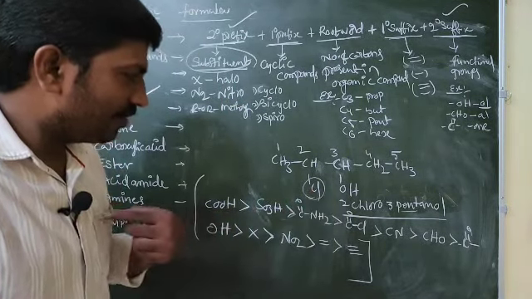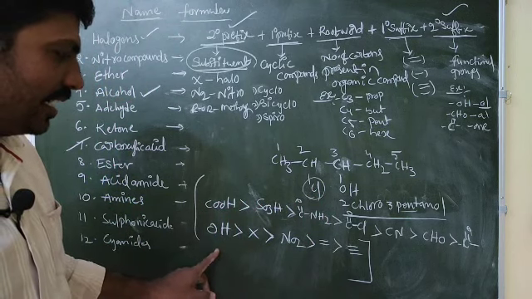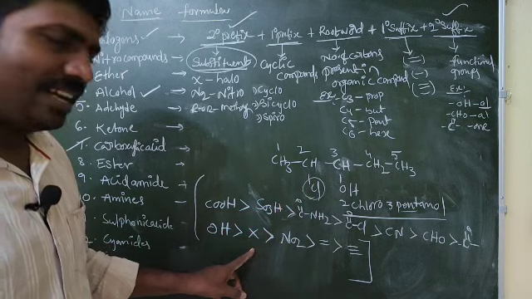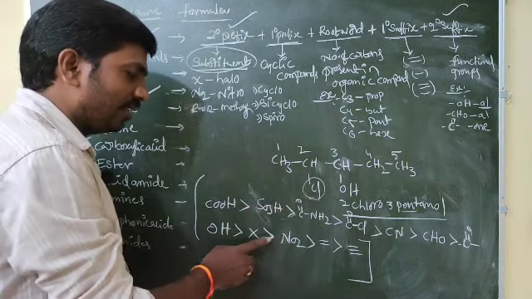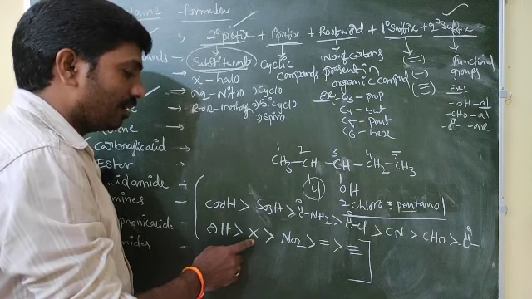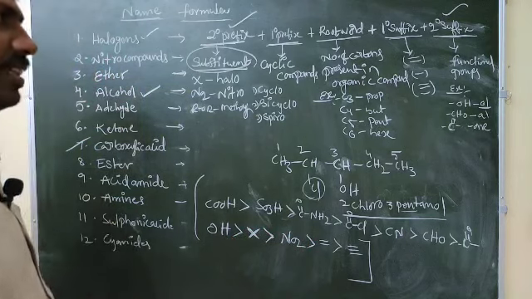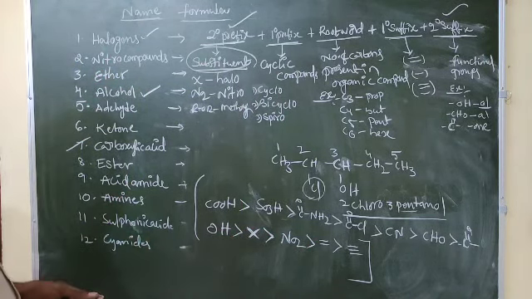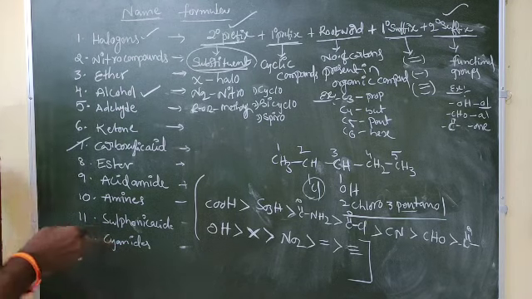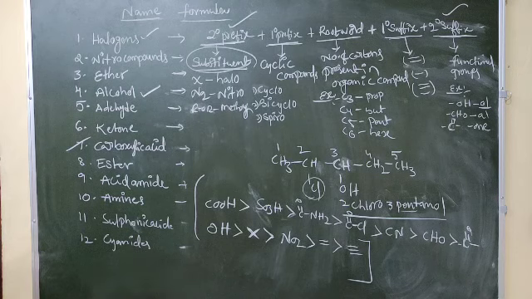These two: I am taking OH first. Why am I taking OH? Because OH is first in the priority order, after halogen. If these two are present in this compound, this one is the primary functional group and this one is the secondary suffix. Esters are also there.